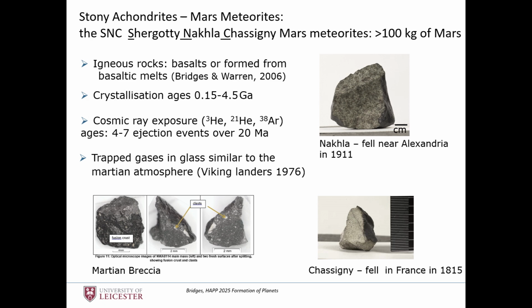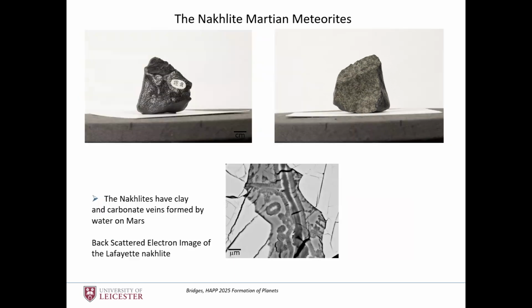So we see all sorts of types here, some classics of Nakhla, which fell in 1911, Chassagny, 1815, different kinds. We study these, microscopy, we find clay, carbonate, everything we can do to piece together what we now regard as the ancient warm and wet environment on Mars, over 3.8 billion years ago and older.